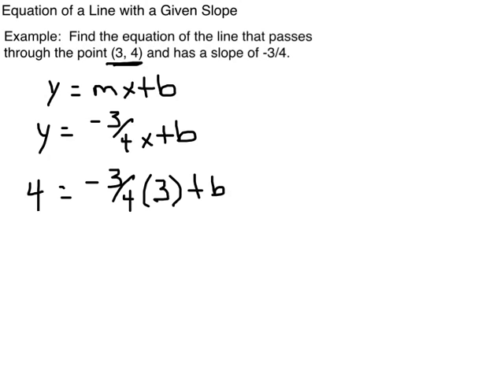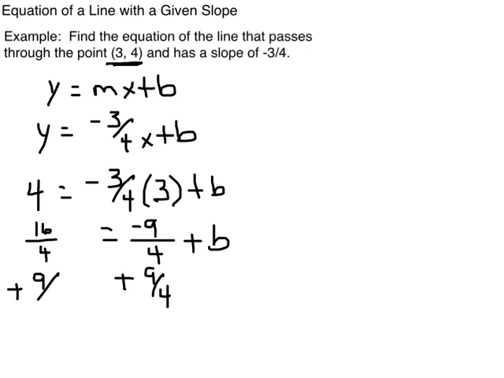So what I'm going to have is 4 equals negative 9 over 4 plus b. Since 4 is my denominator, I've got to get something over here with 4 as a denominator. And 4, to equal 4, the whole number, that would have to be 16 over 4. Now here, I'm going to have to add 9/4 on both sides to get b by itself.